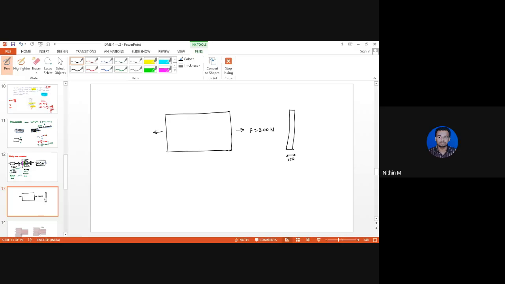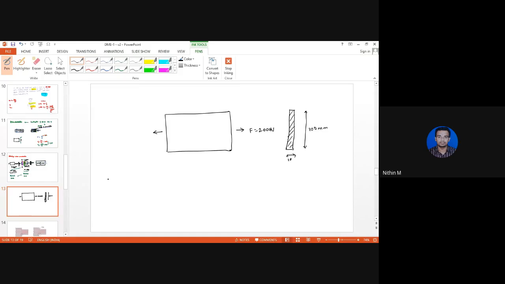Let the width of the plate be 100 mm. Consider the force to be 2000 newtons, that is 2 kilonewtons.